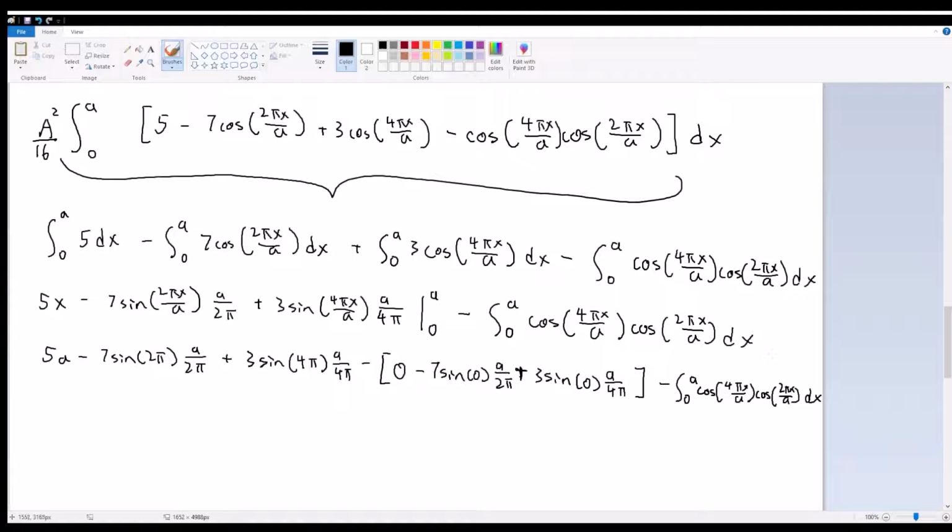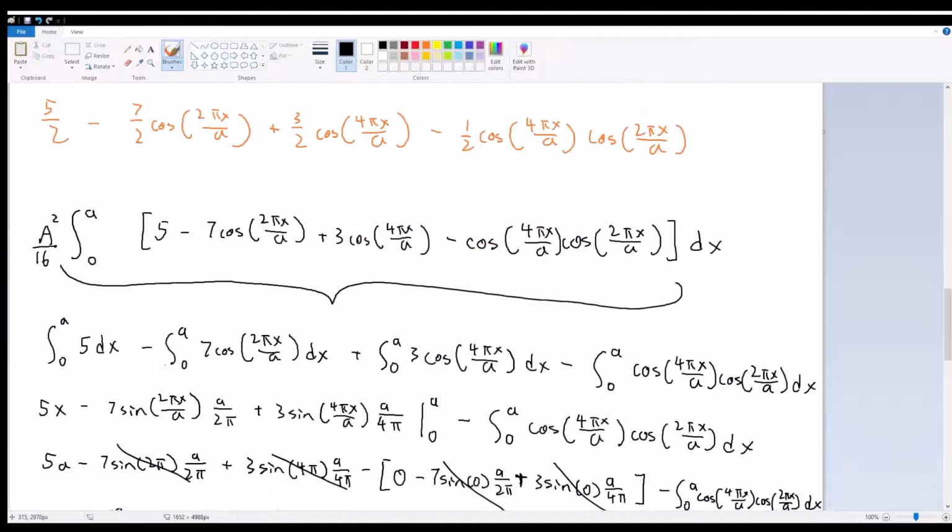So immediately, sine of any even number times pi is automatically 0. So this is 0, this is 0. Similarly over here, sine of 0 is 0. So this is 0, this is 0. We're left with 5a minus the integral from 0 to a of cosine 4 pi x over a cosine 2 pi x over a dx.